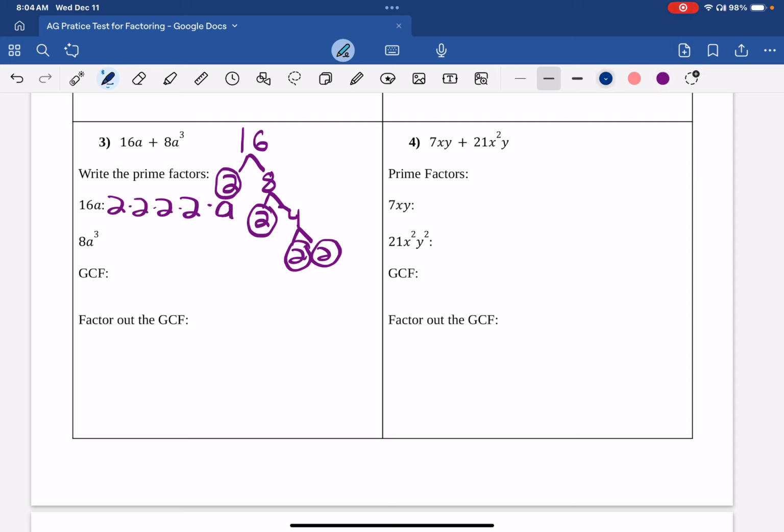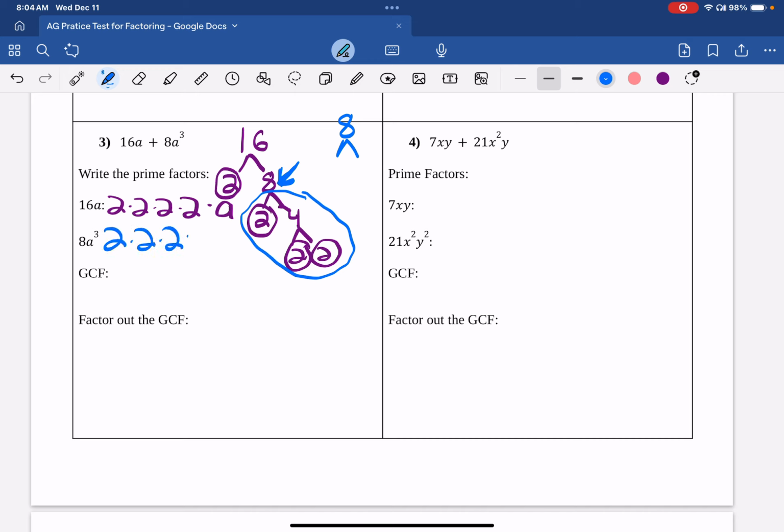Next, we're going to factor the 8. So we'll write another factor tree with an 8. Now, you'll notice we just did 8 as part of 16, right? When we factored the 2 out of 16, we had an 8. So our factor tree for 8 is this part right here. It's 2 times 2 times 2.